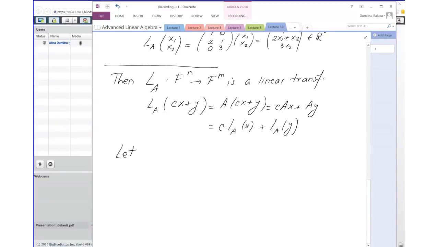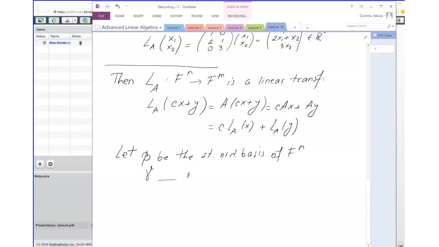So let's say that beta is the standard ordered basis of Fn. If you think about Rn, that would be E1, E2, up to En in that order.